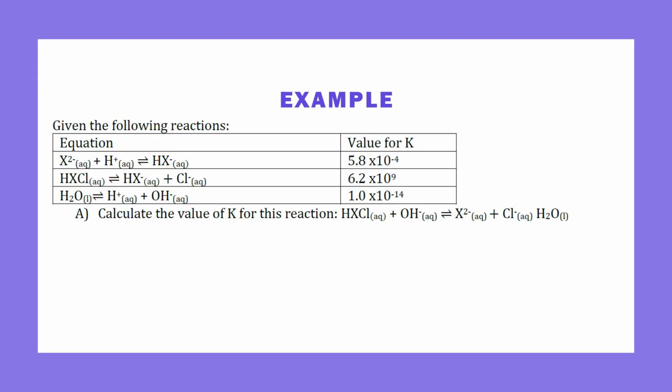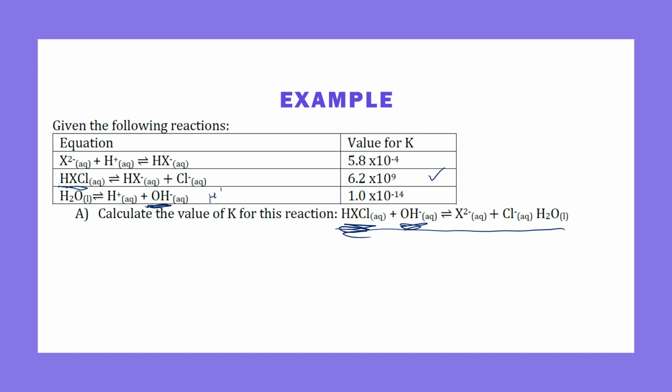Okay, for our last example, we have 3 reactions and their values for K, and we want to find the K for this final overall reaction. So it looks like HCl is on the correct side, correct number, so that value of K is good. OH negative is on the wrong side of the equation, so I want to flip that reaction around.